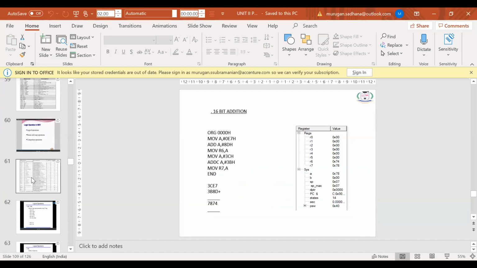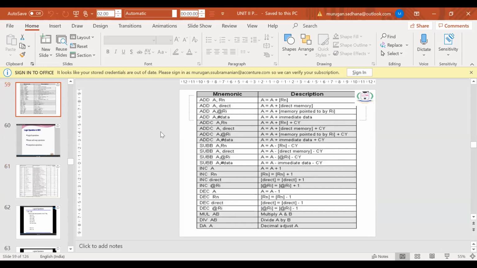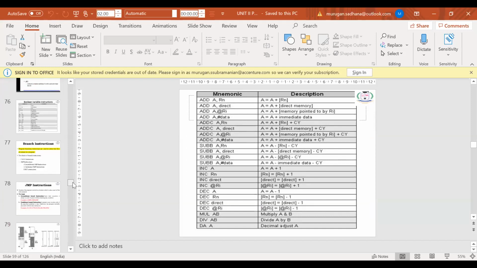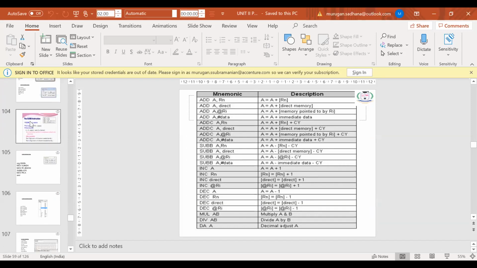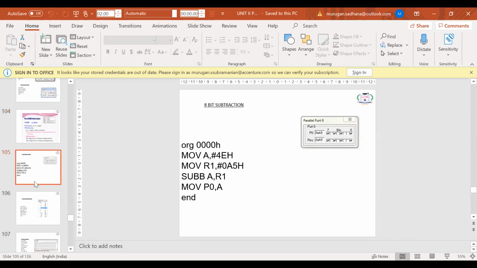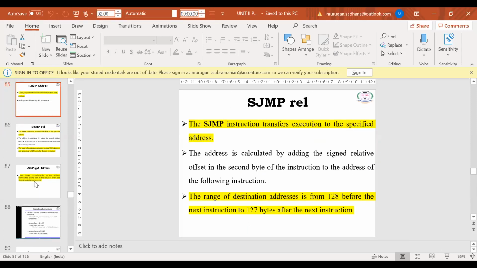We will see whether that particular instruction is supported. No, ma'am, ADD A, Rn is there; ADD A, B is not there. I think they have put this wrongly. What are the instructions in ADD we are using?